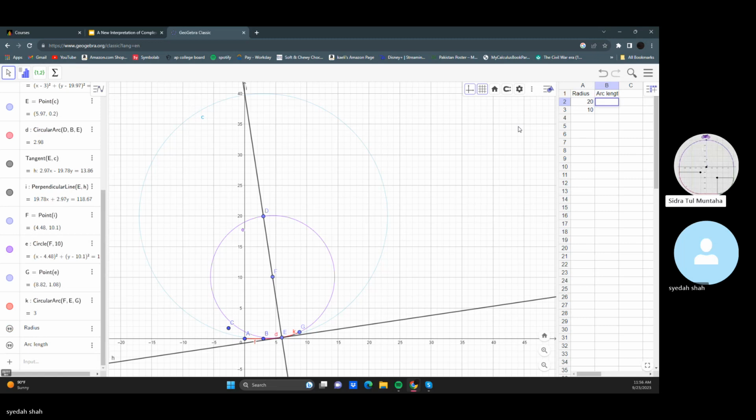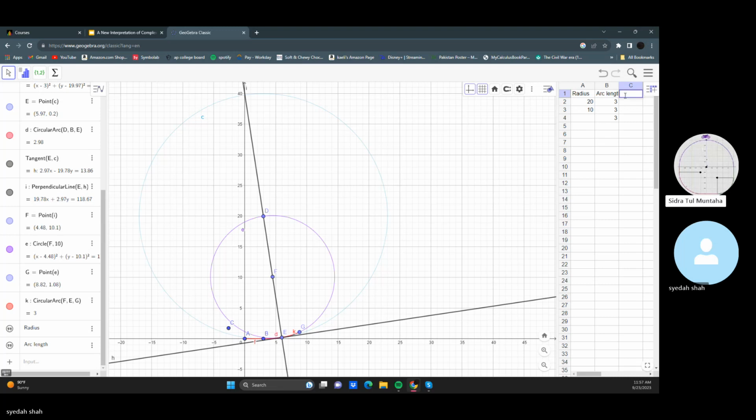And our arc length is constant, right? It is 3 only. Our first line segment was 3, then our 2 arc lengths were also 3. So now you can multiply the cell A by the cell C. On the cell C, you can write the multiplication formula.